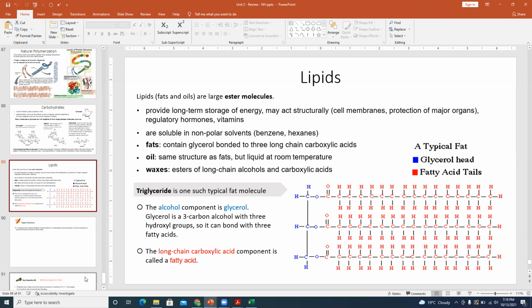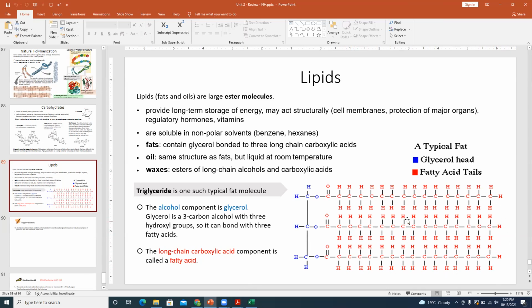And these fats and oils, these large ester molecules, are soluble in nonpolar solvents, such as benzene and hexane. And you should probably know why they would be soluble in nonpolar solvents. That's because they have these typically long fatty acid tails, and these fatty acid tails are very hydrophobic.